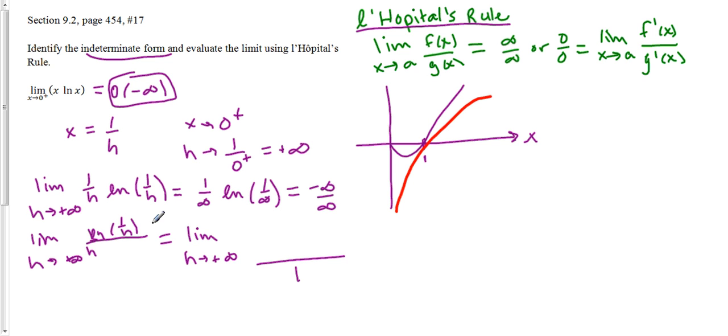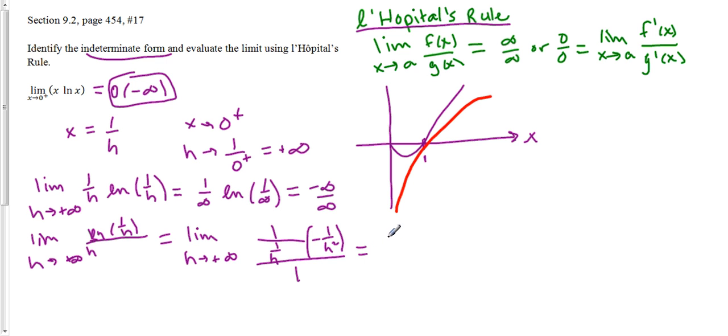Now, when we take the derivative of the numerator, I want you to remember that when we take the derivative of any natural log, the first thing that we do is put 1 over whatever the argument of the natural log is. And then we have to take the derivative of that argument and write it times this. So what's the derivative of 1 over h? Well, it's negative 1 over h squared.